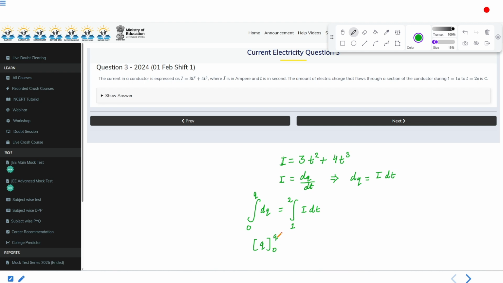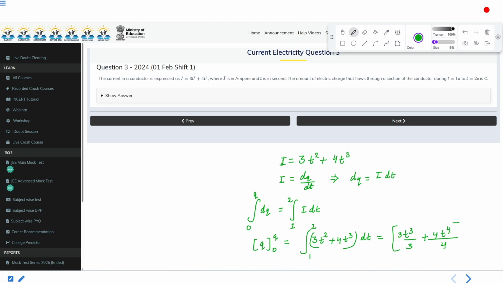Okay, so after integrating it will become q, limits 0 to q, equals integral of 3t square plus 4t cube dt, with integration from 1 to 2. After integrating, 3 is a constant, t square will become t cube upon 3, so it will become 3t cube upon 3, plus 4 times t cube, after integrating, t4 upon 4.